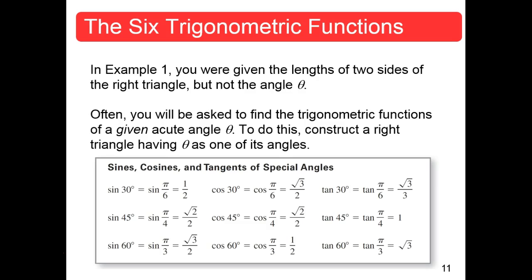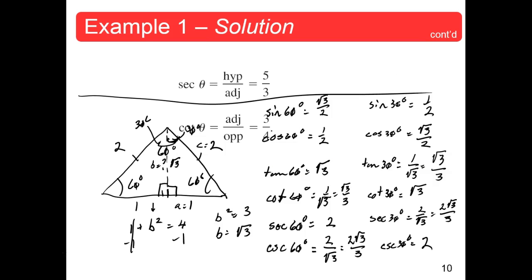Now, here's how I remember. In a 30, 60, 90 triangle, the short side is always 1/2 of the hypotenuse. Or, the hypotenuse is always twice the short side, and then the other side is always √3 times the short side. That's just my easy way of remembering this.